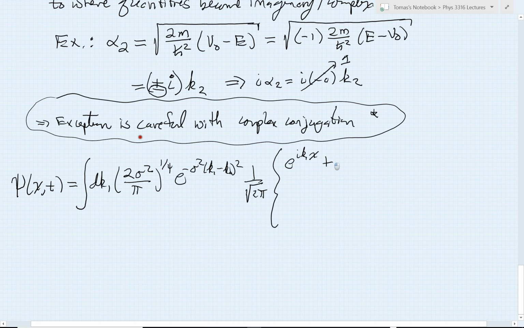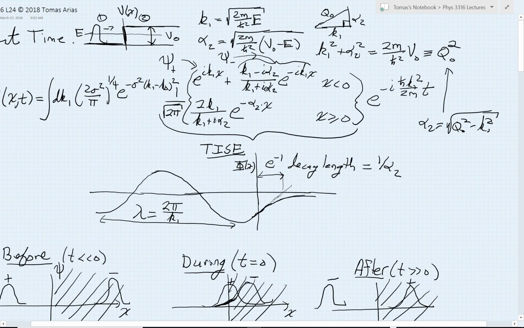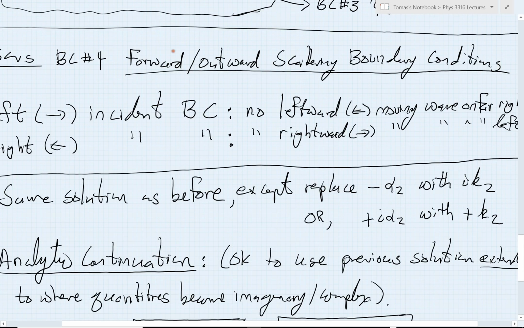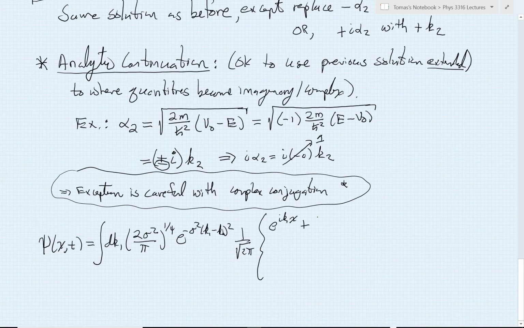Plus, now things get a little different, because I have in the solution this fraction k1 minus i alpha 2 over k1 plus i alpha 2. There is an alpha 2 in here. But remember, i alpha 2 I can replace with k2. So it's k1 minus k2 over k1 plus k2, and that was e to the minus i k1 x.